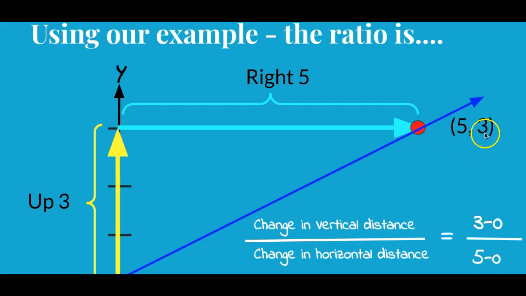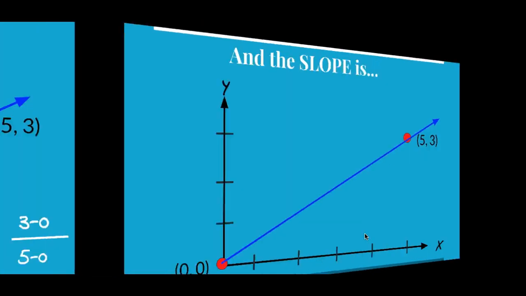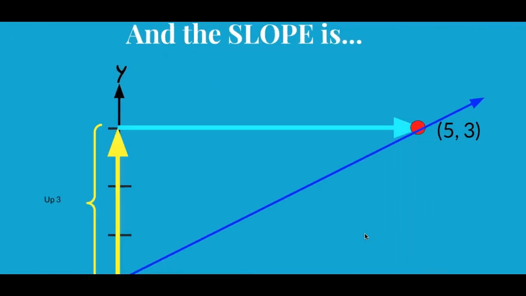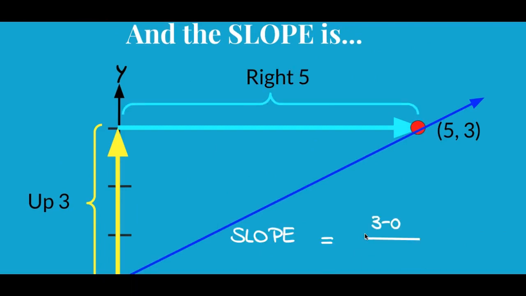The y2, which is 3, minus 0 over 5, which is the x2, minus the x1 of 0. 3 minus 0 is 3. 5 minus 0 is 5. Therefore, making the slope 3/5.